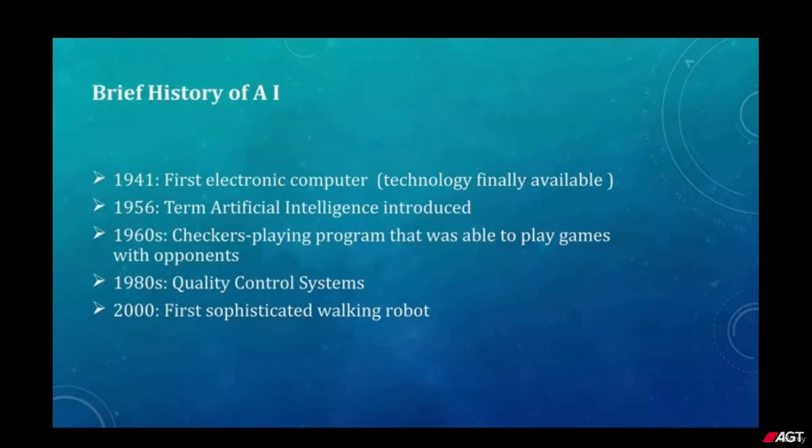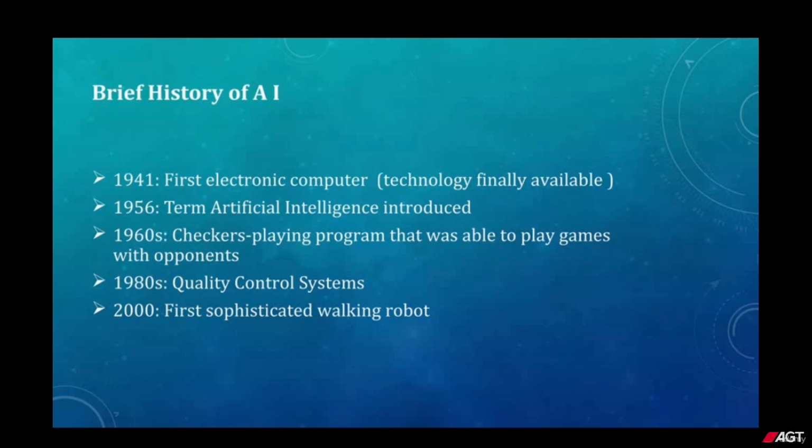Brief history of AI. Let's know about the history of AI. In 1941, the first electronic computer technology finally became available. In 1956, the term artificial intelligence was introduced. In the 1960s, a checker-playing program that was able to play games with opponents was introduced.